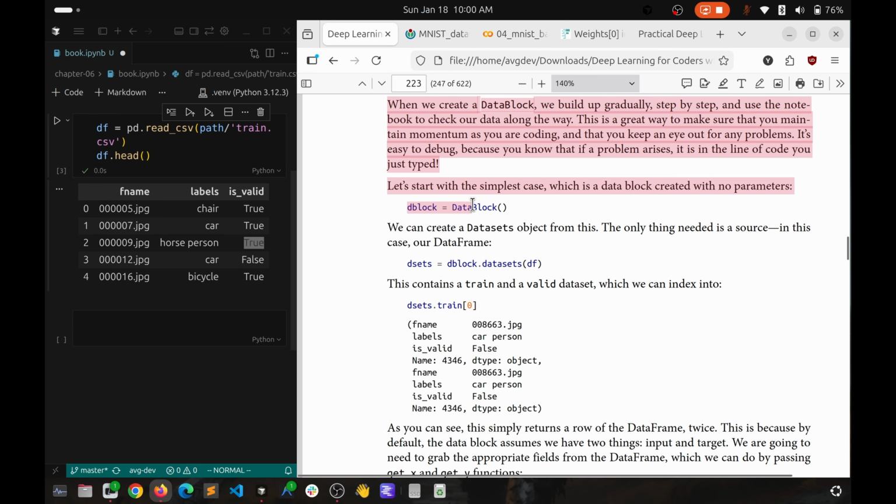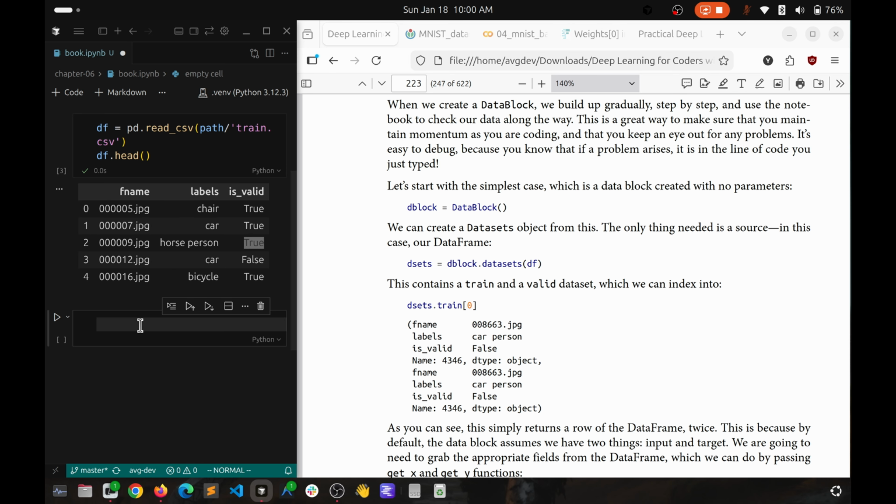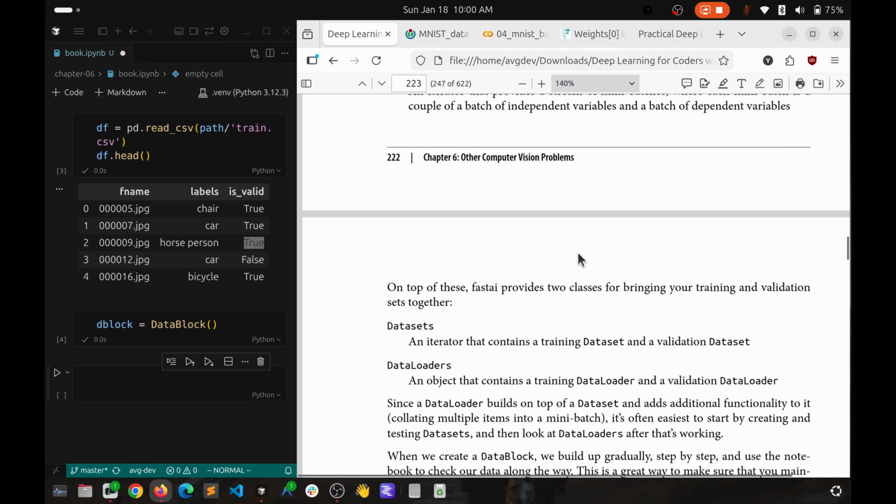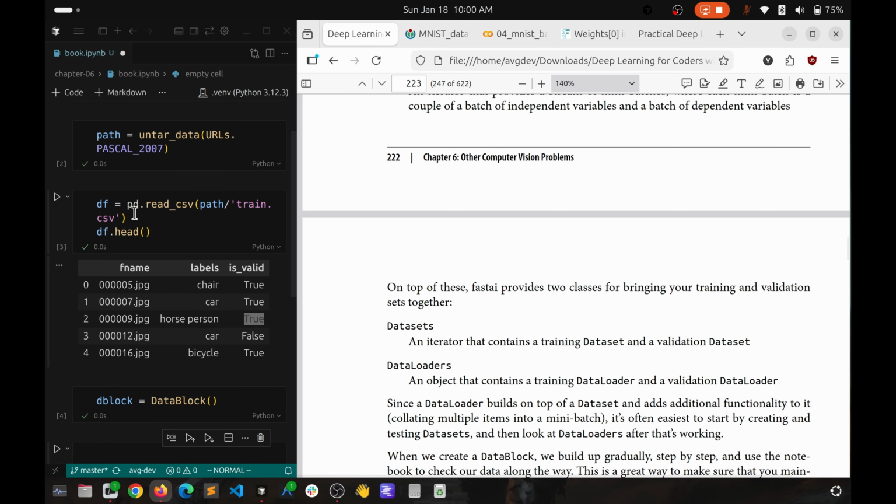So, a simple dblock: dblock is equal to DataBlock. Boom, an empty data block. We can create a datasets object from this. Okay, so the only thing needed is a source, in this case our data frame, this one here.